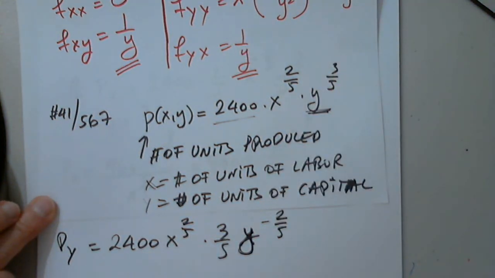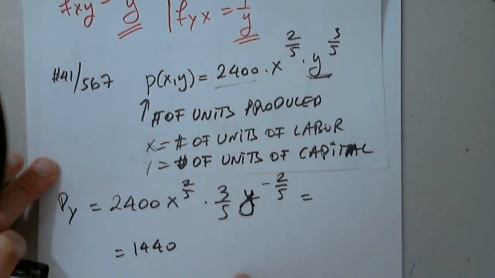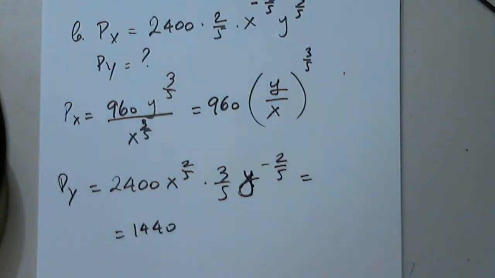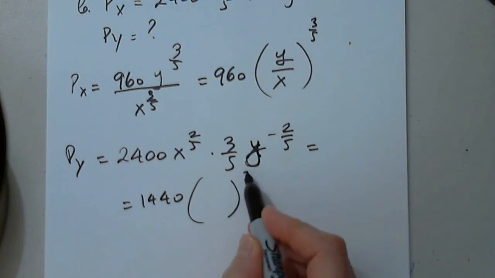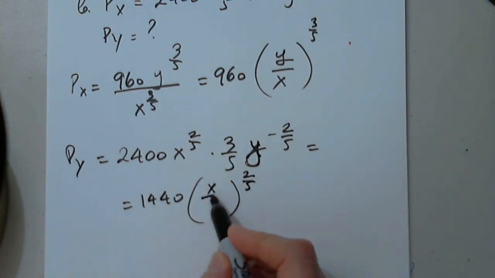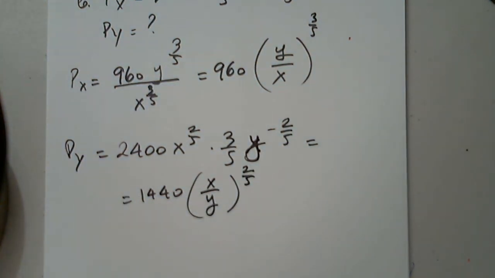So now I multiply 2400 by 3 and divide by 5, and I got 1440. Correct my numbers, please, anytime. And I have x to the 2/5 over y to the 2/5. So I'm going to do the same thing, x over y to the 2/5. And this answers part B of the question.